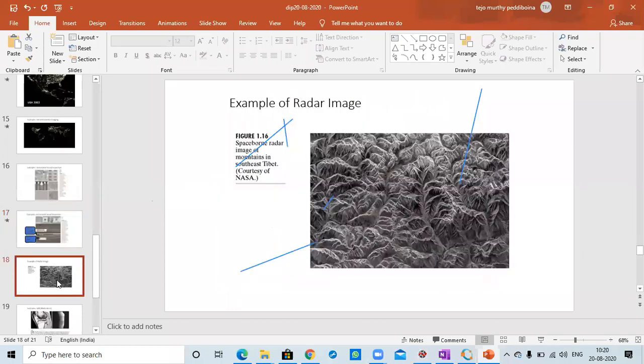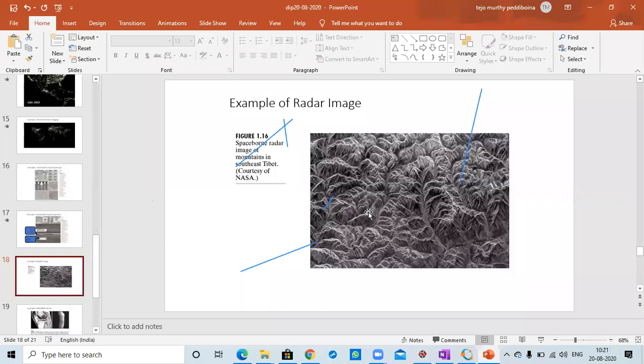And the other application is radar images. Why radar images are so useful is, particularly when weather conditions are very bad, the radar waves, they are microwaves.